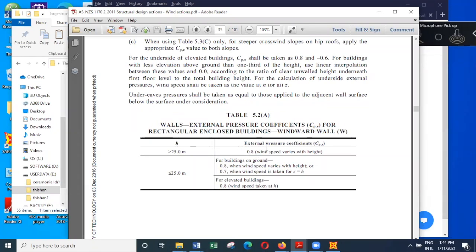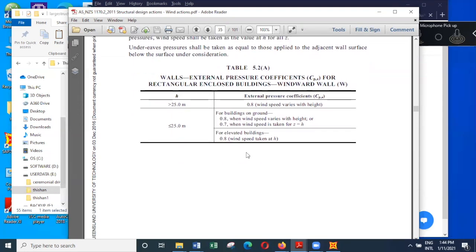The windward multiplier for the external pressure is 0.8, and if the building is less than 25 meters of height, you can use a constant value, whereas when the height of the building is more than 25 meters, then we use this to relate the pressure to force, a factor of 0.8 for the windward surface.